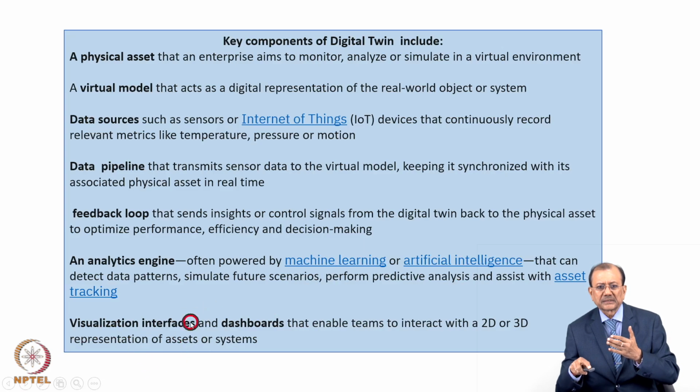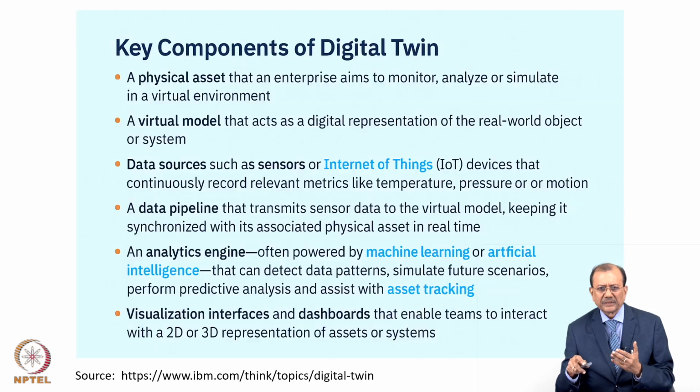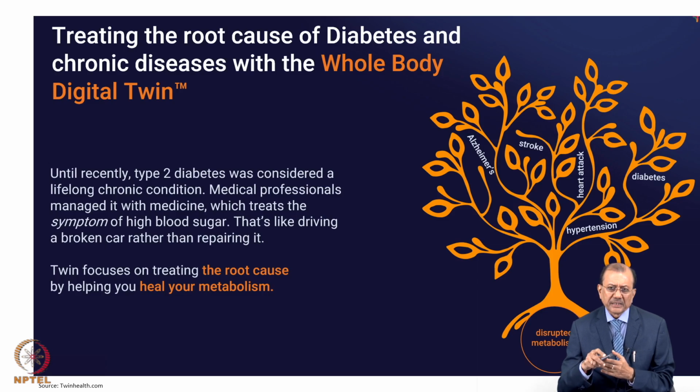Visual interfaces, sometimes multiple dashboards for multiple kinds of views, are also part of the outcome we would like to see on the digital twin system. So these are the 6 or 7 key components. There are many components, but these should be considered for building a digital twin. Now I would like to come to a very interesting live example, so that the concept of digital twin will be clear to all of you.